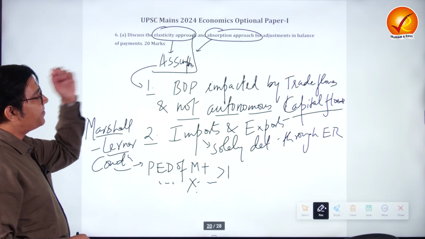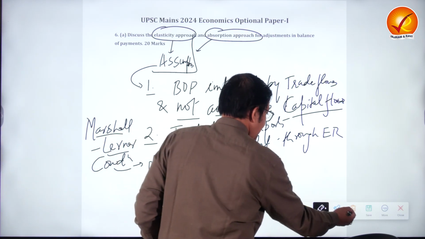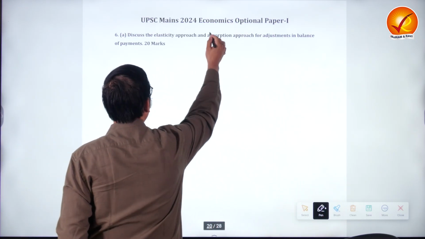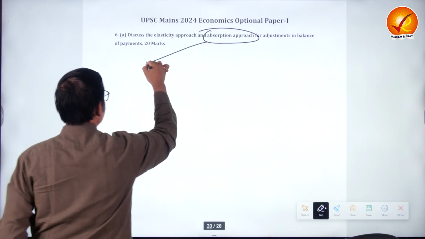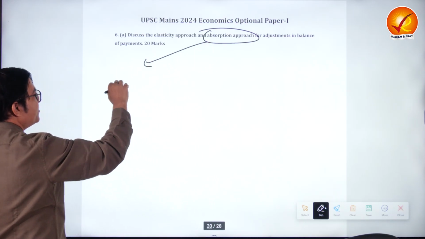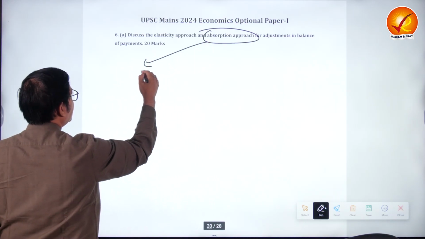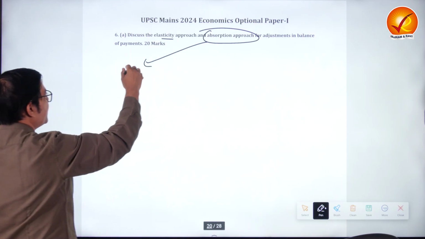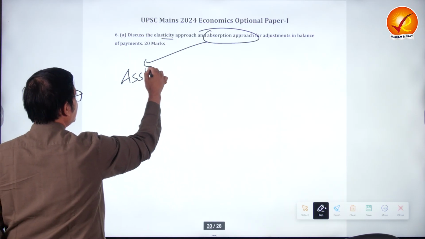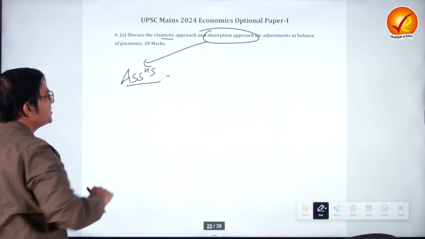How is the absorption approach different from here? In the absorption approach we talk about multiple things, but why the name? The absorption approach comes from the limitation of the elasticity approach.